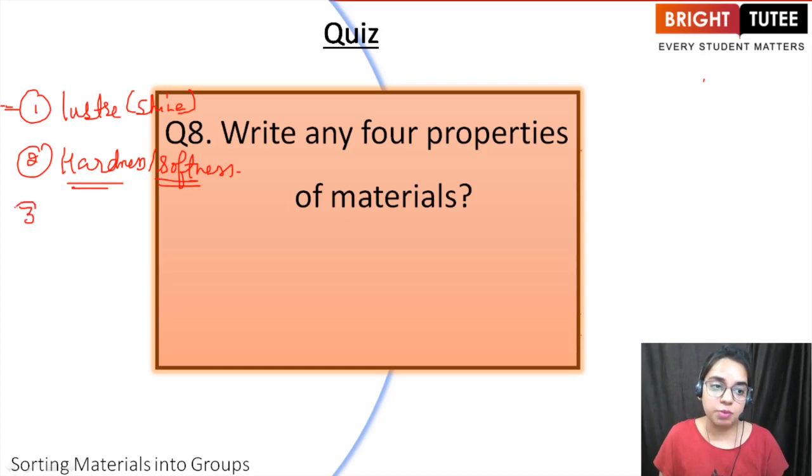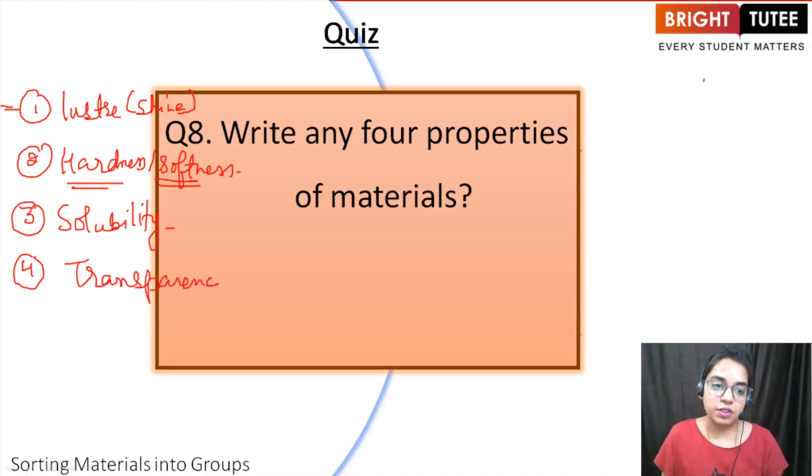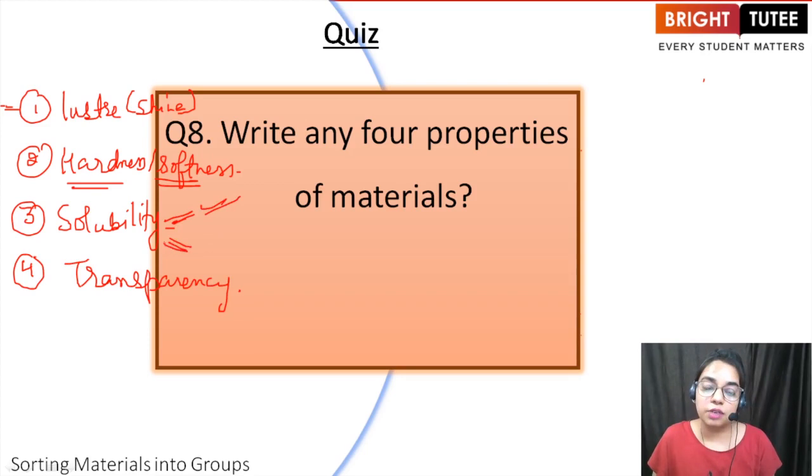Then children, the next property is the property of solubility. The next property you can write is the property of transparency. The substances which completely dissolve or disappear in water are known as soluble in water, whereas those which do not mix with water completely are known as insoluble substances.